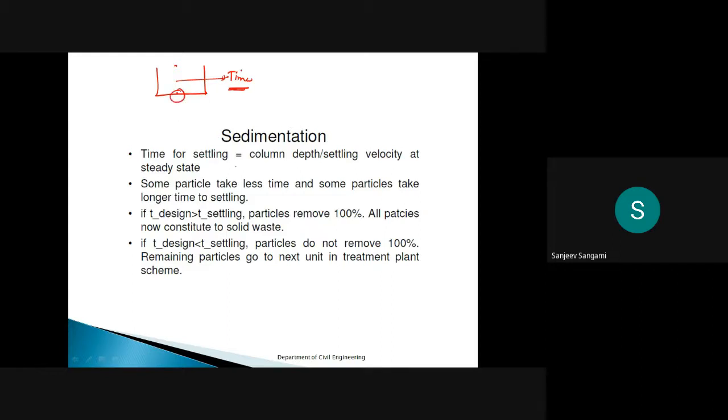So what is this concept? Normally, the time for settling is the column depth divided by the settling velocity. Some particles take less time and some particles take longer time for settling.